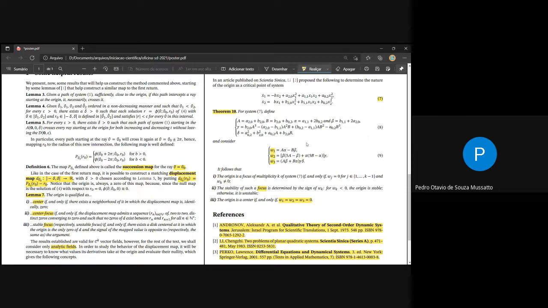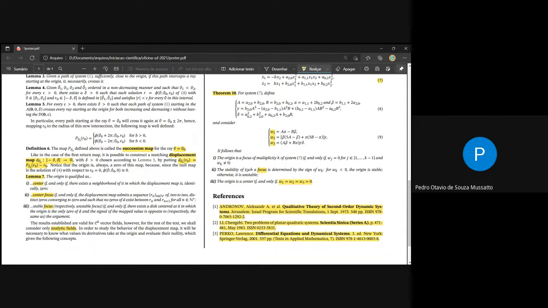Meaning, if we have the third focal value, we'll need to find an alpha 1, different from 0, such that this focal value can be written as alpha 1 times W1. And the same for the fifth focal value in W2 and the seventh focal value in W3.